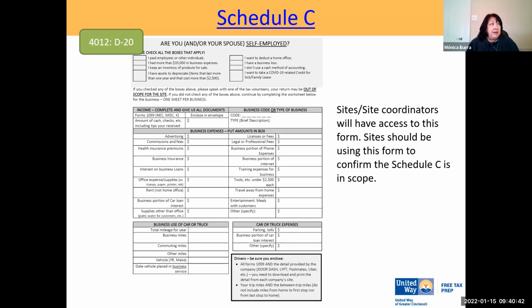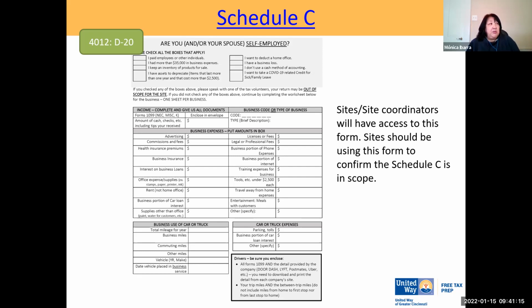And this is a sheet that we hand out at my site. We hand this out to the taxpayer, and we ask that person to fill this out to give us an idea of how we can fill out their Schedule C. Schedule C takes into account all the income that you made and then all the expenses that the taxpayer had.